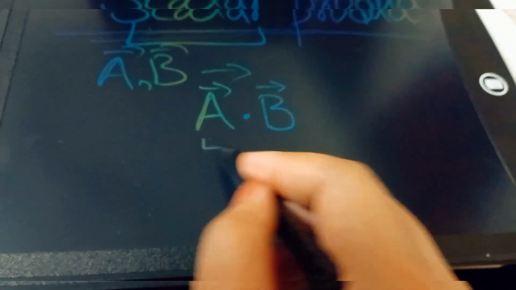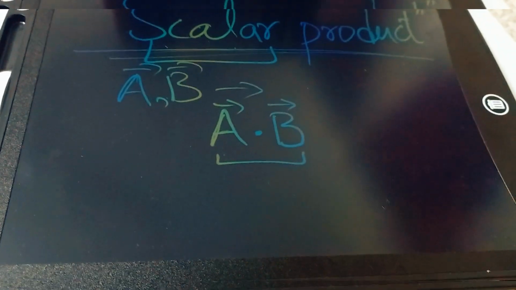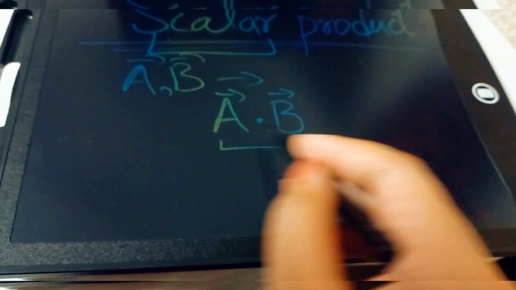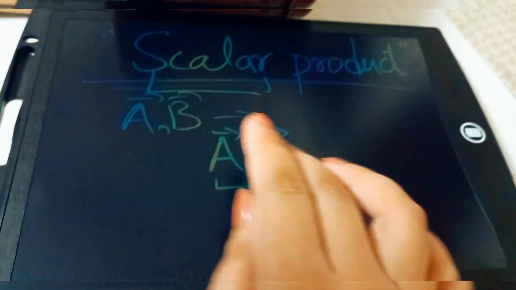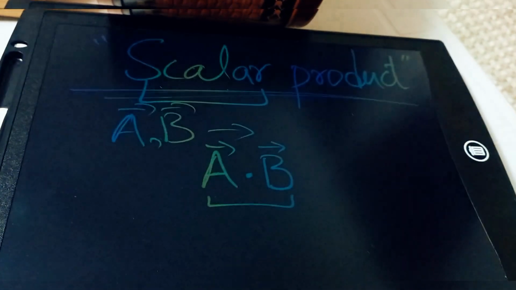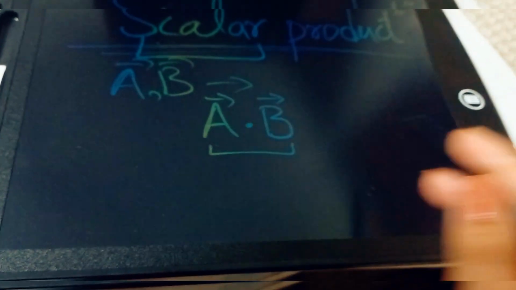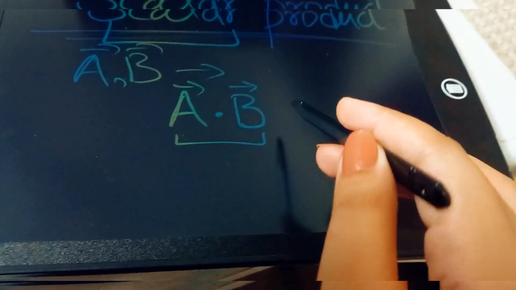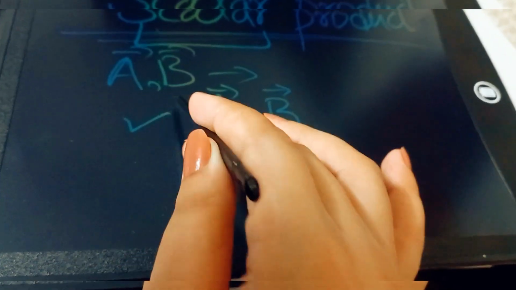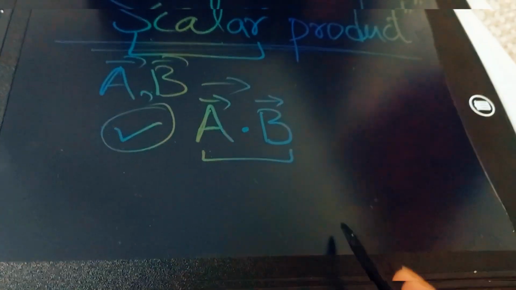This is the representation of the scalar product of two vectors A and B, with a dot in between them. That dot shows the operation of scalar product. This operator is represented by the dot sign between the two vectors. This is the way to denote a scalar product.